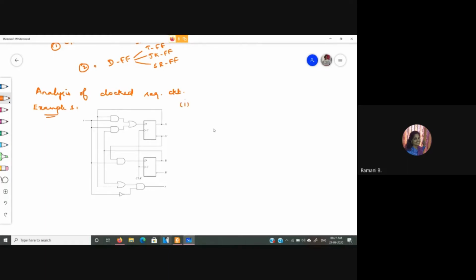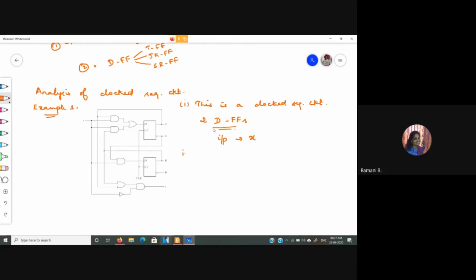Here you have two D flip-flops, and they have a clock also, right? So this is a clocked sequential circuit. You may have external inputs, outputs, etc. You are not having any external output from the gates. You have one input, which is X.